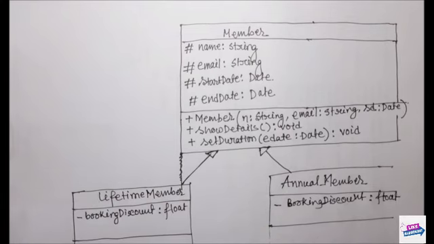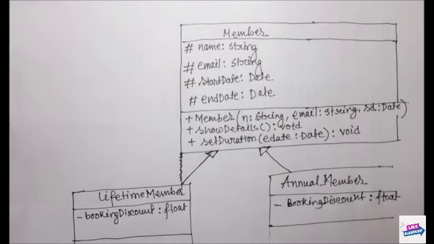I will give some discount based on the lifetime member, for example 50%. For annual member I will give 20%. In this way we can add an additional attribute called booking discount, and the attribute data type is float. Okay, right.